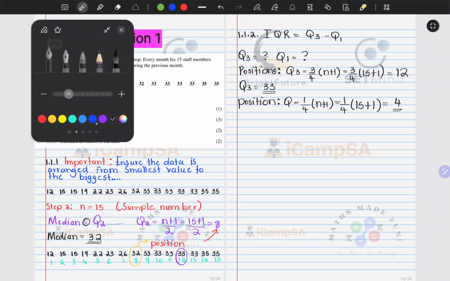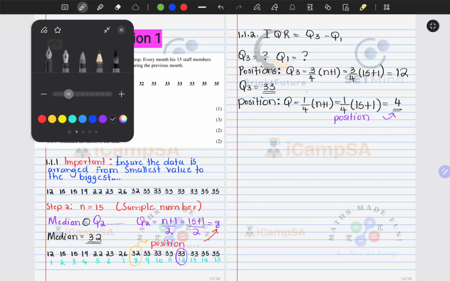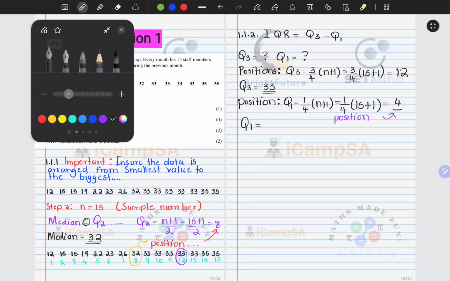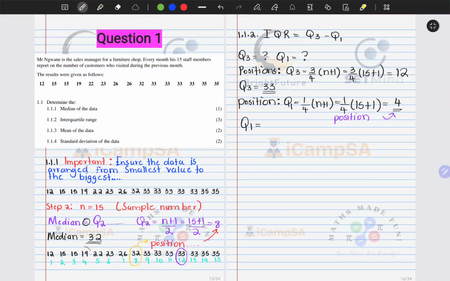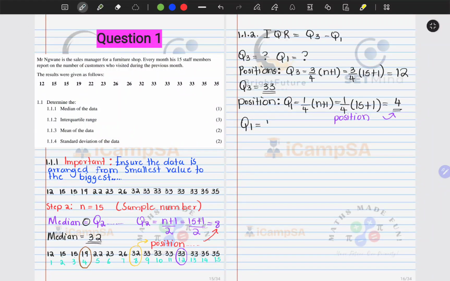Remember, this 4 here is the position where our Q1 is. So now I can go and find my Q1. If you observe carefully, at position number 4, we have 19. So Q1 equals 19.